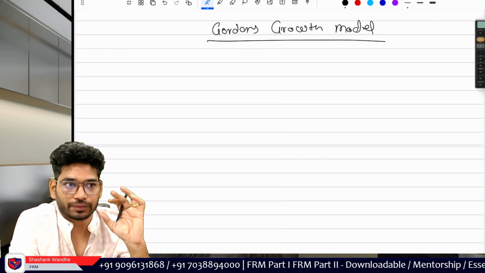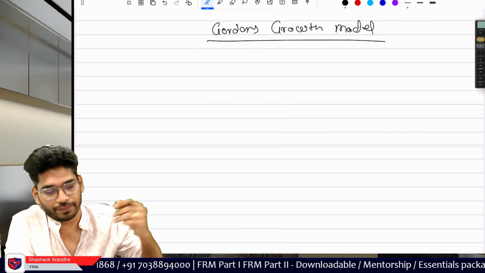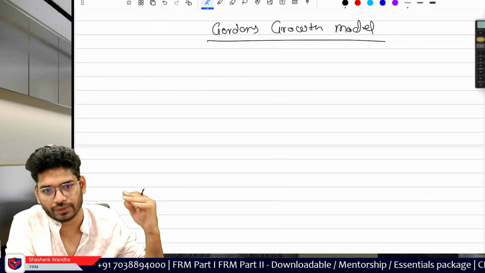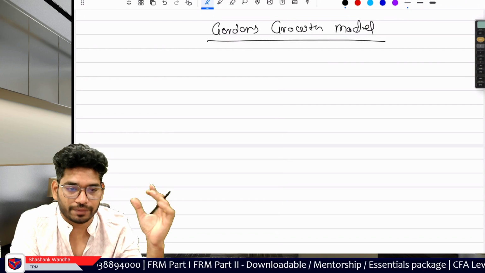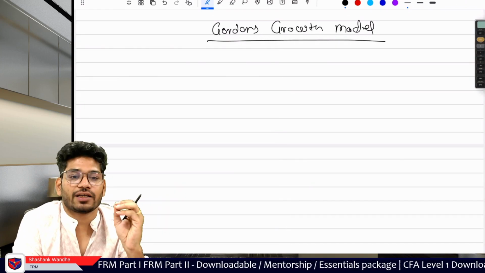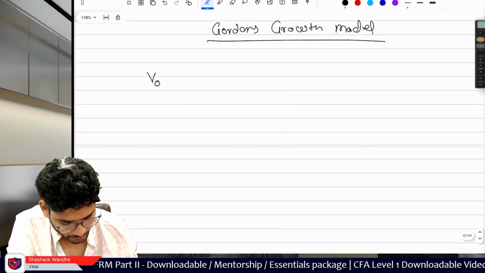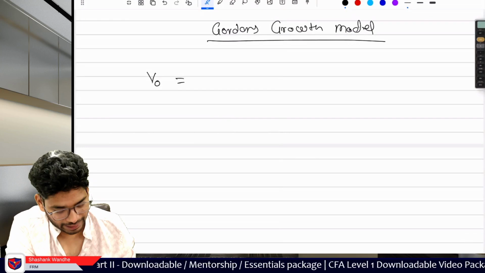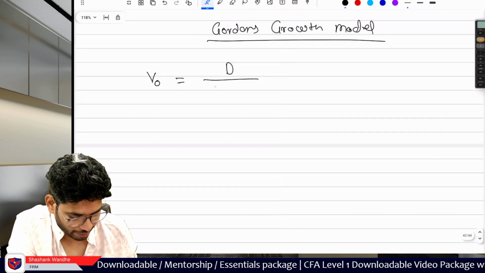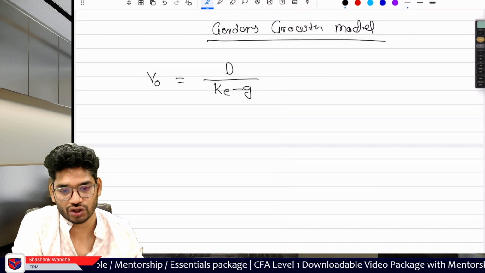So what Gordon did was use the same dividend discount equation with one additional assumption and squeeze it into one single formula. This formula again gives us the share price, V0. And the formula is D1 divided by KE minus G.